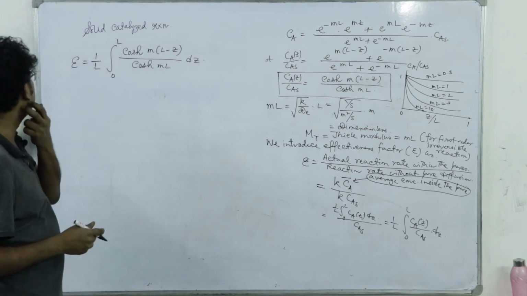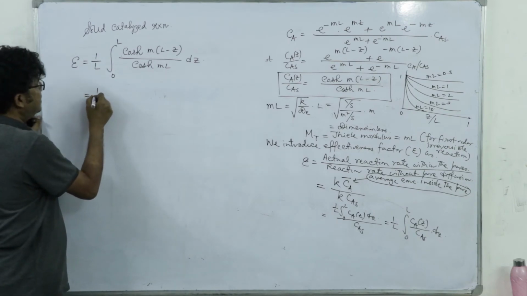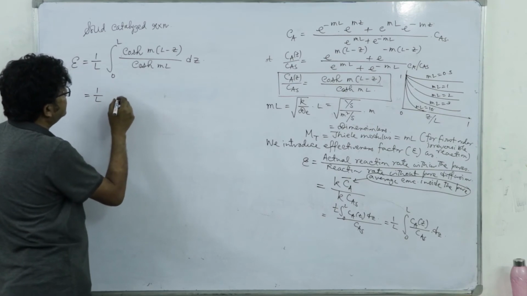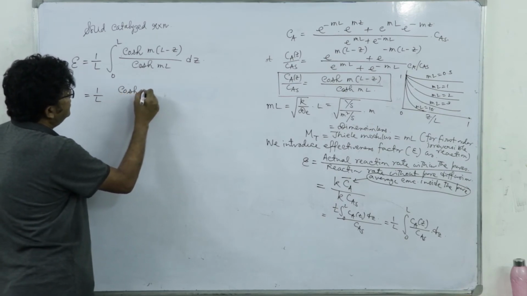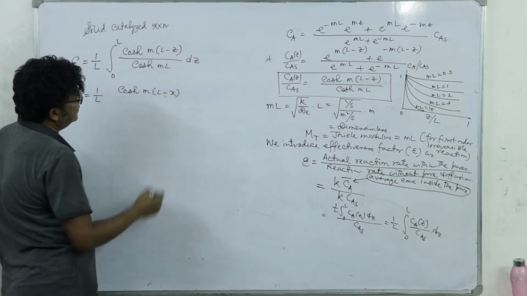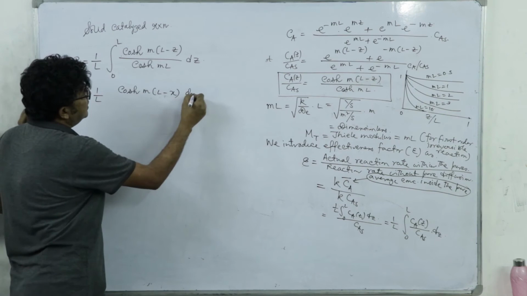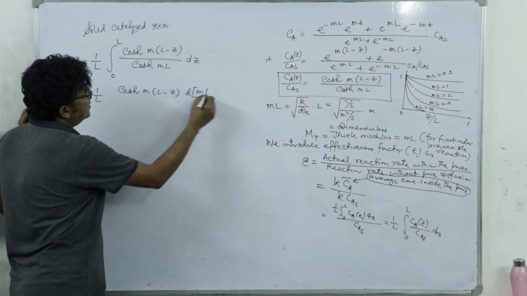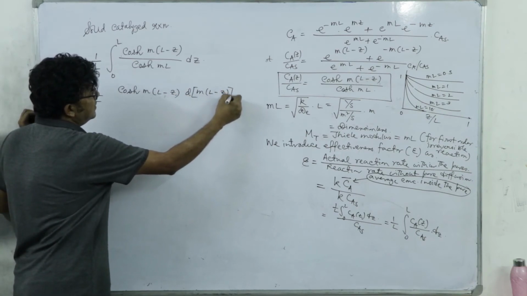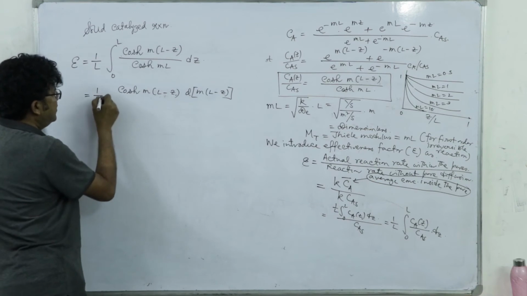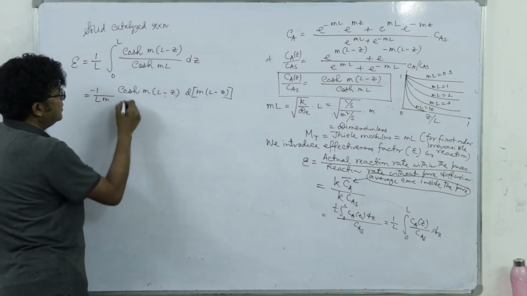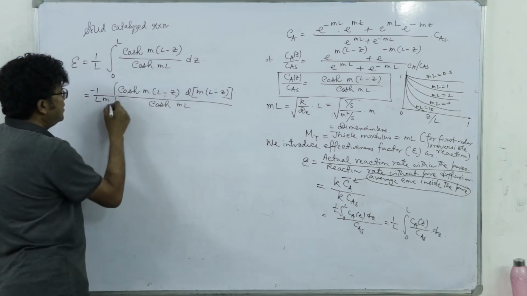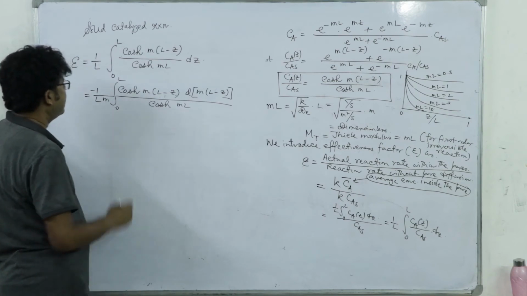So, you see this integral will give you cosh m(L minus z) into d of (L minus z). There will be an m, there is a minus sign, by cosh mL, integral 0 to L.